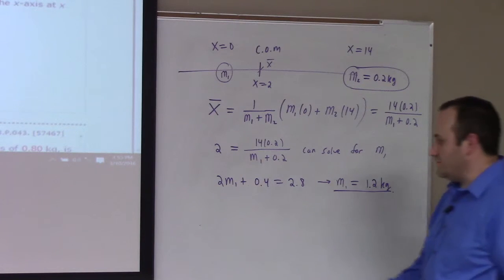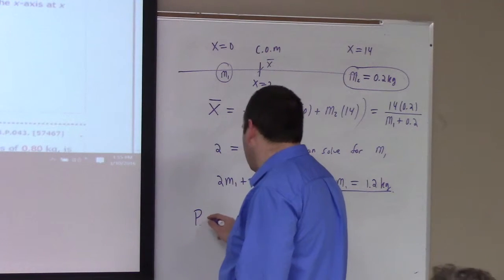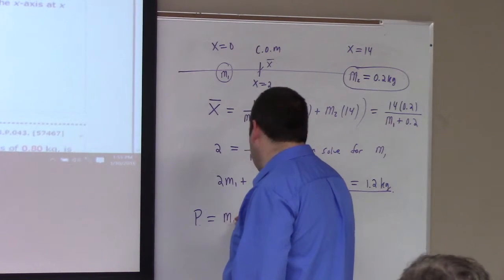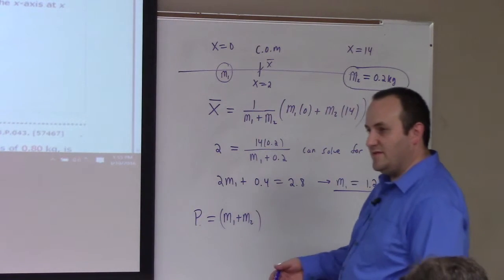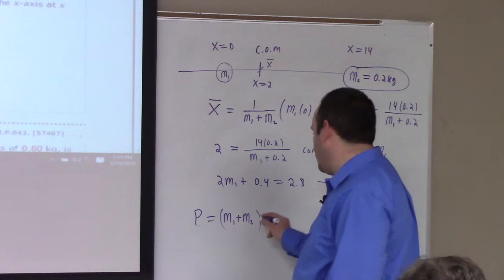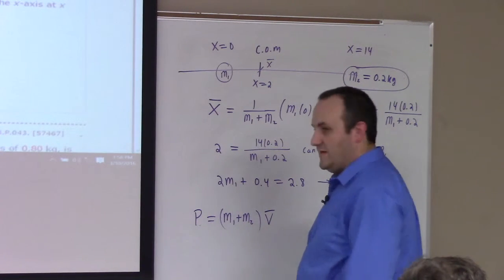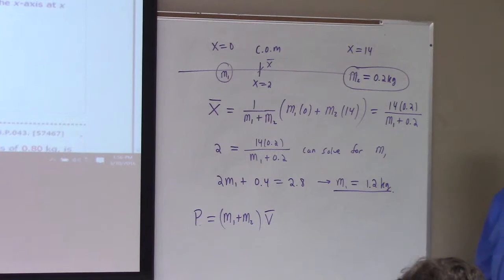So what's the momentum? The total momentum for the system is the total mass times the velocity of the center of mass, which I could call v bar here, which you're given.